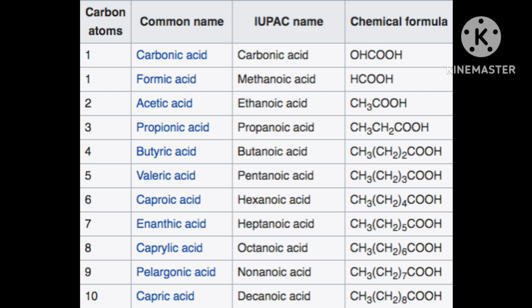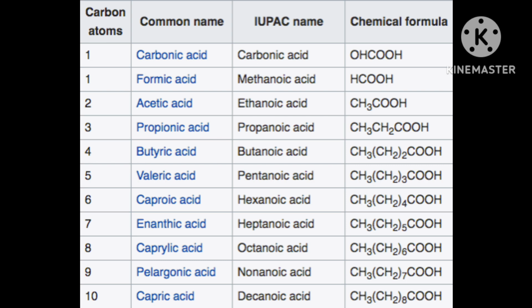Here 3 CH2 were there. With the first CH2, the first carbon, a COOH group is attached. Then the second CH2 is there, one H is gone, and in its place COOH is attached, so only CH remains with the second carbon.